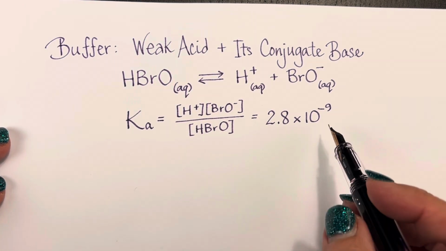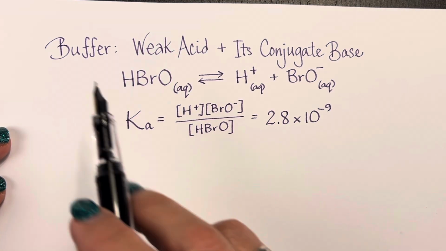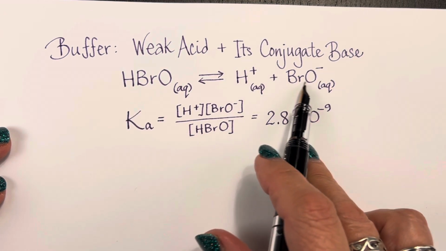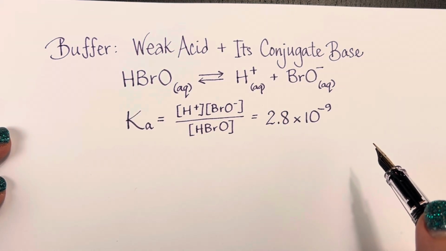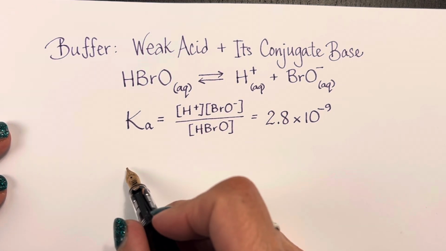Now, if we are considering a buffer containing this weak acid and its conjugate base, it means that we will be using the Henderson-Hasselbalch equation, which looks like this.